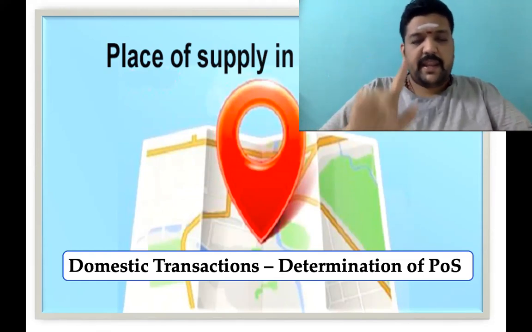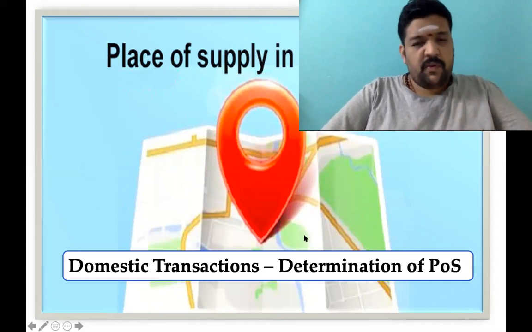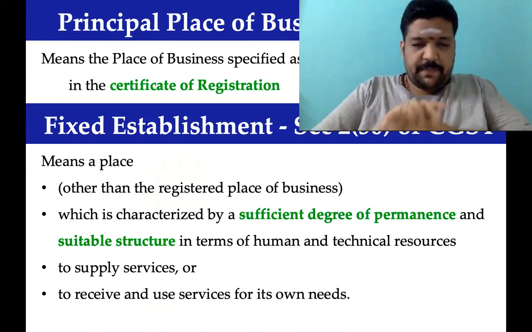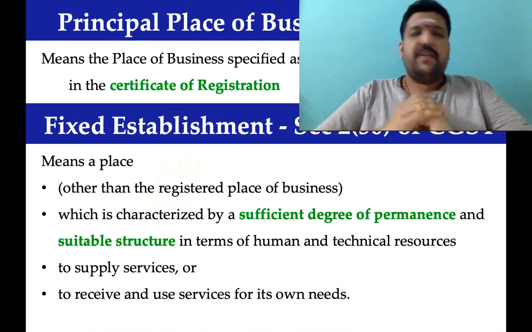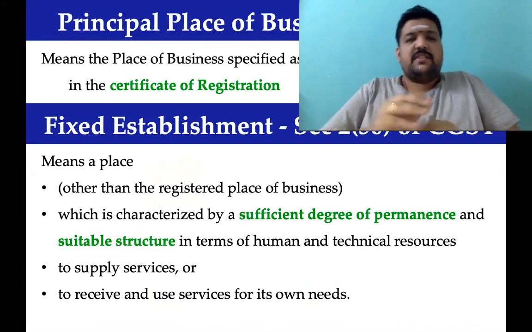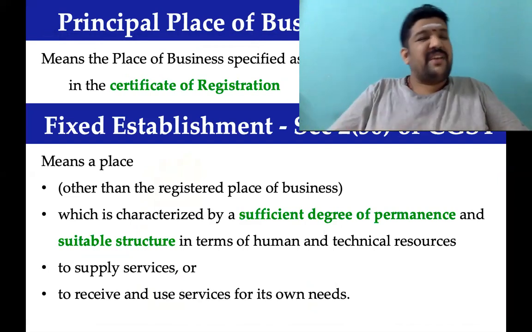Coming back here, in case of domestic transactions, both supply of goods and supply of services are going to be discussed. Before that, some definitions. Certain definitions we will discuss now, and certain definitions we will discuss when we get into the service discussion.